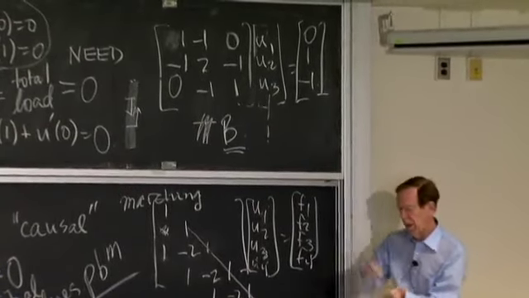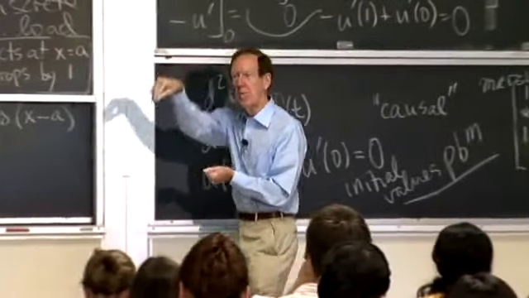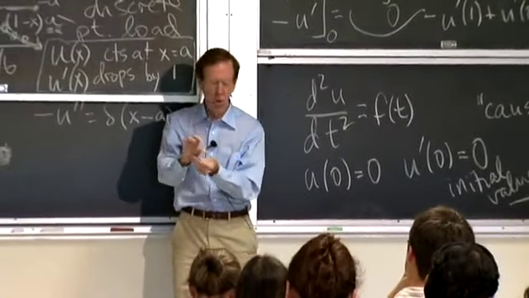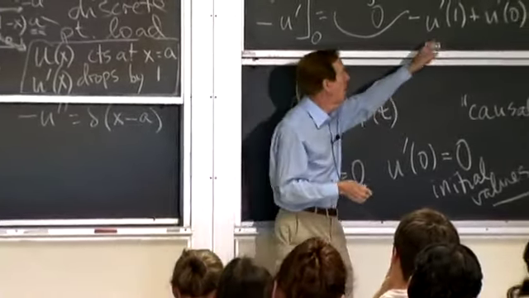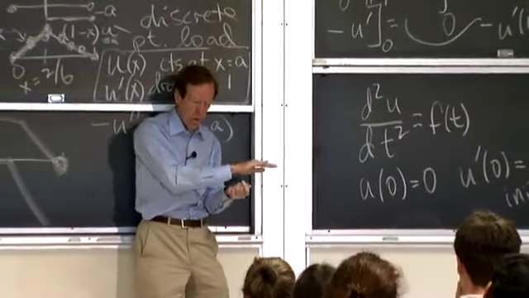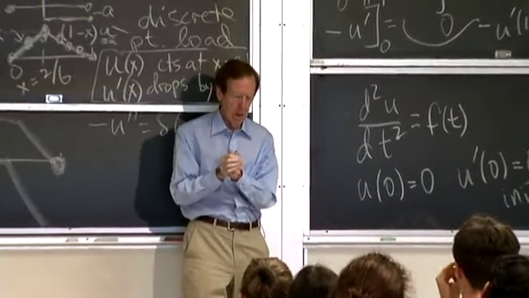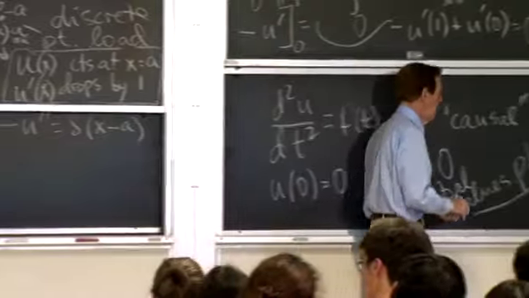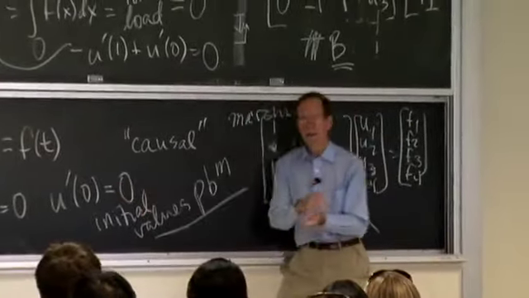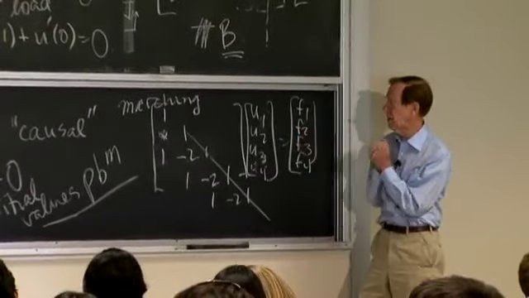It's more like a hitting problem. We start marching forward in our problems, but we have to hit the other end correctly. We don't know the starting slope. We know what we want to hit. Whereas in these problems, we're told how we start, and we just follow it in time. So that's the difference here.